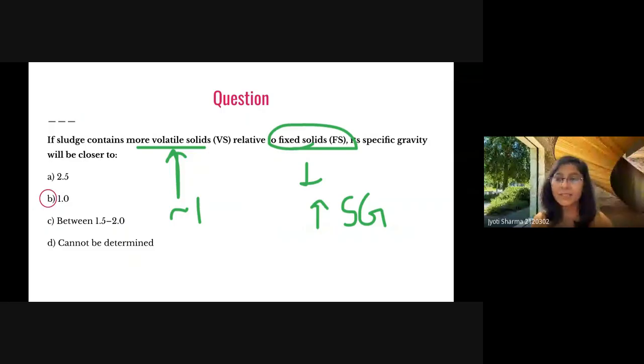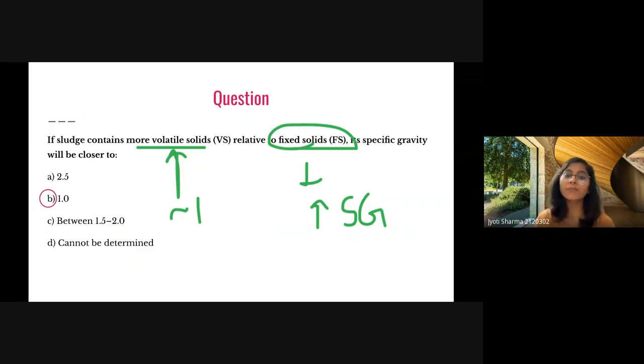More volatile means more diluted solid, and the gravity will be compared to water. The density of that volatile solid upon the density of water would be nearly similar, and that's how it gives you the answer 1.